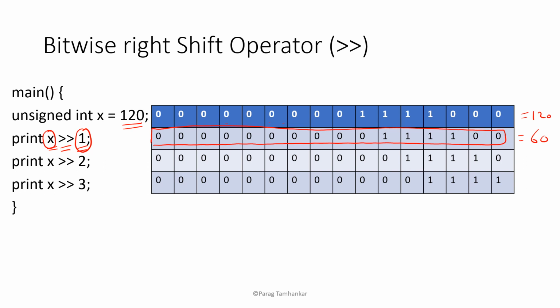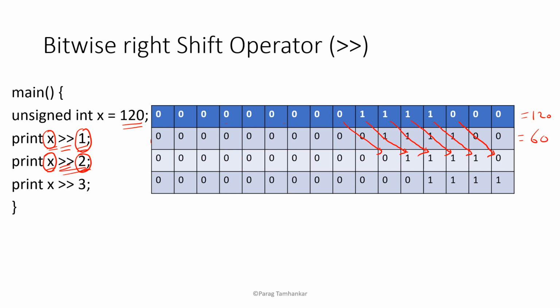Similarly, when you take x and right shift by two positions, each bit of x will be right shifted by two positions. This 0 will all the way come over here, this 1 will come over here, and so on.